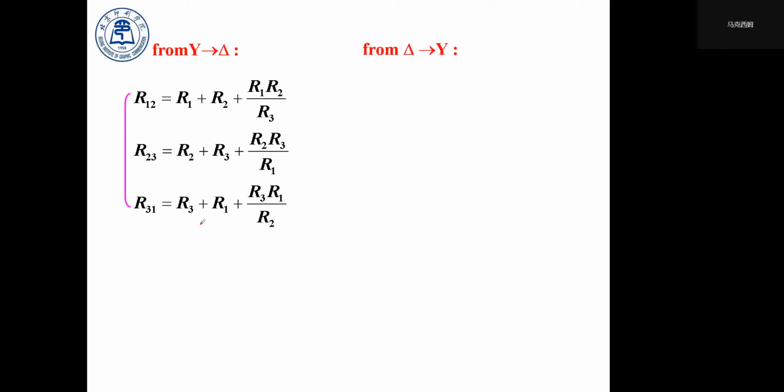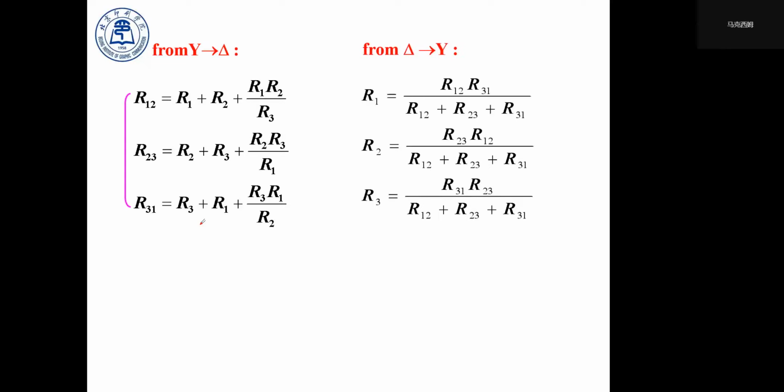And from delta shape to Y shape, we have another set of equations. So we could remember that. We see that the resistance with a single number occurs in the Y-shaped network.